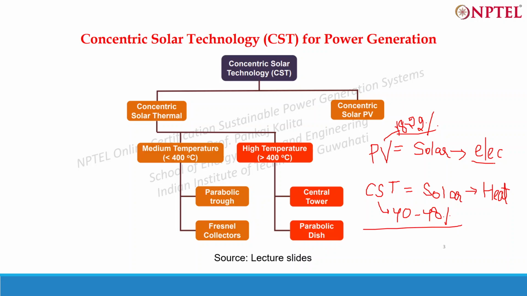With 500 degrees Celsius you can easily generate electricity, but for 50 degrees Celsius you won't be able to convert it directly to electricity in a steam power plant or something. So this is the role of quality of energy.